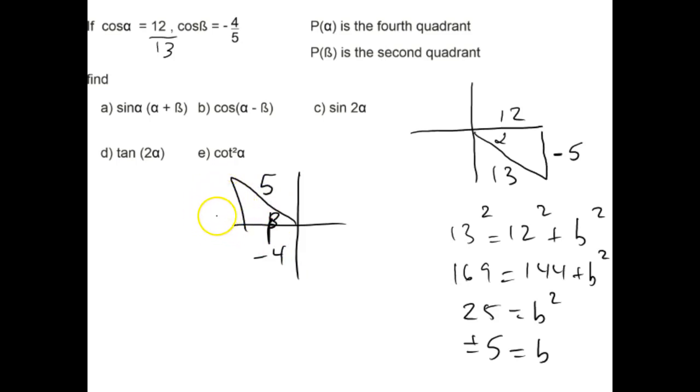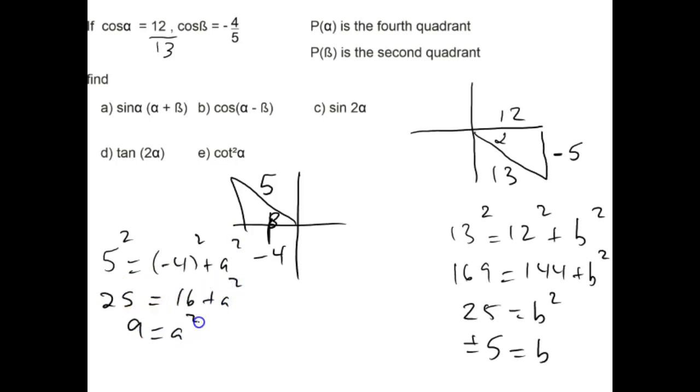To find this missing side here, we would say 5 squared equals -4 squared plus a squared. So 25 equals 16 plus a squared. 9 is a squared. A equals plus or minus 3. In this case, it's a positive 3. I'm going to circle these so you can see that these are the sides you found.